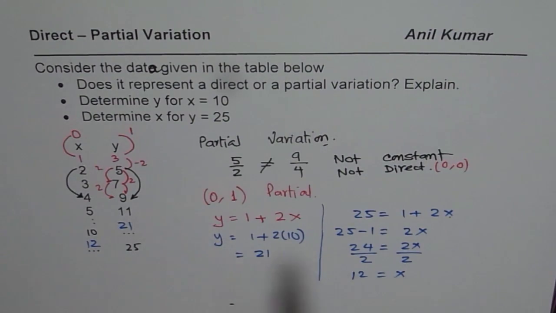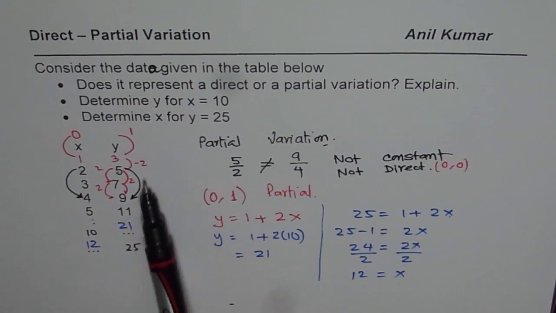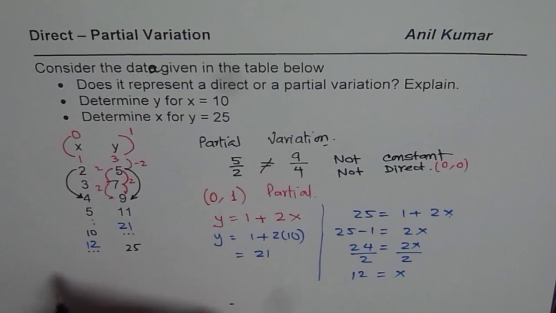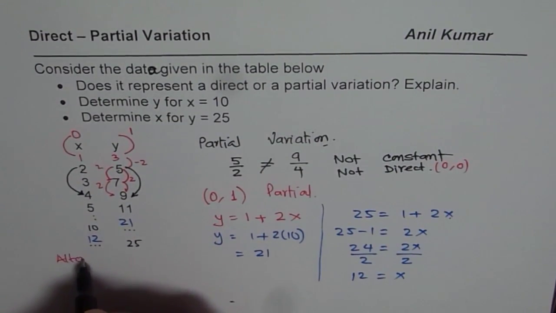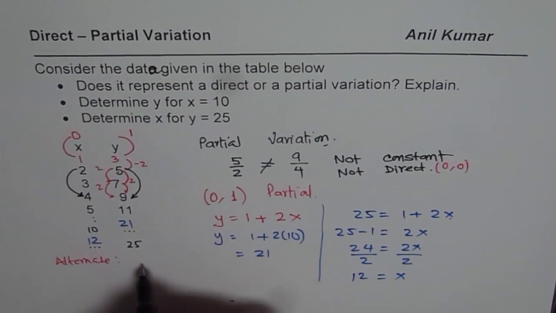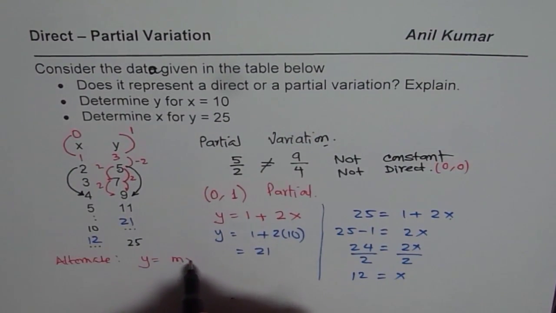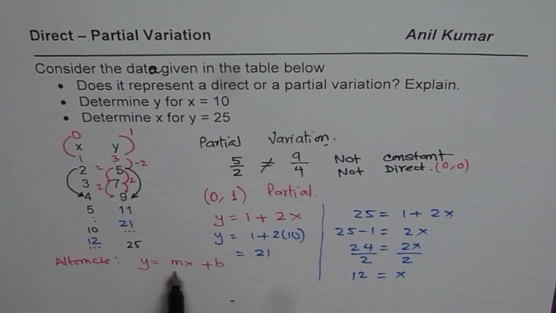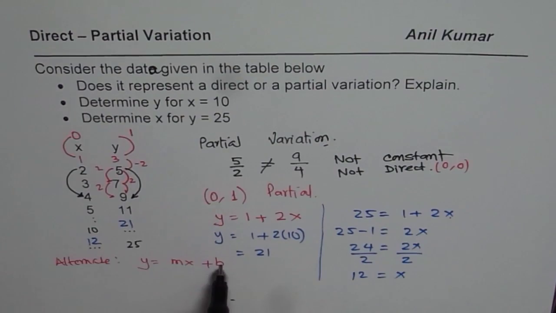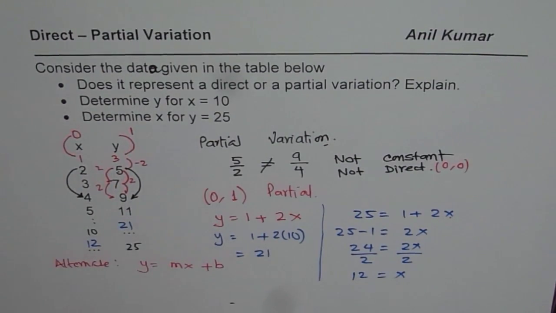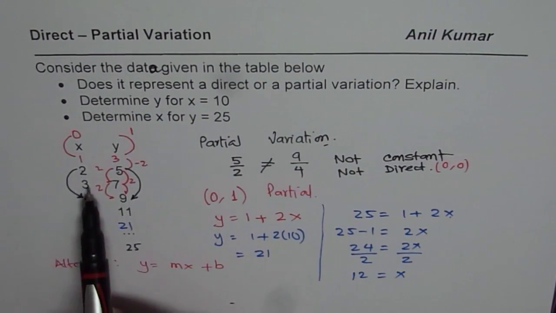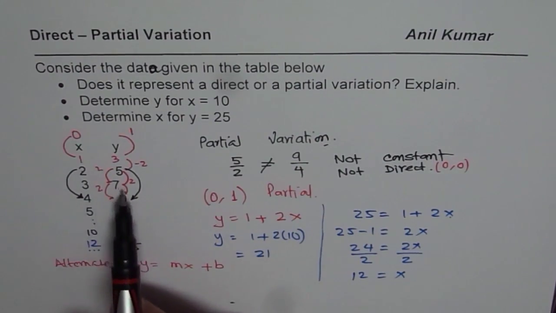An alternate method to get this equation, which we got directly using this technique, is, let me show you the alternate method. We can say equation of the line is y equals to mx plus b, right? And we can find the value of m and b using two set of points, correct? 2 and 5, for example, 3 and 7, maybe the other point, correct?